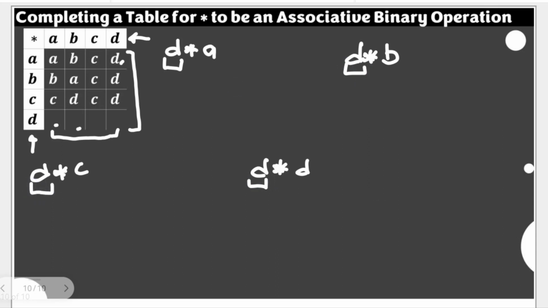However, if we use this D, we are also going back to the unknown, since on the other side we have D here, which is also an unknown entry. So this is the hint.